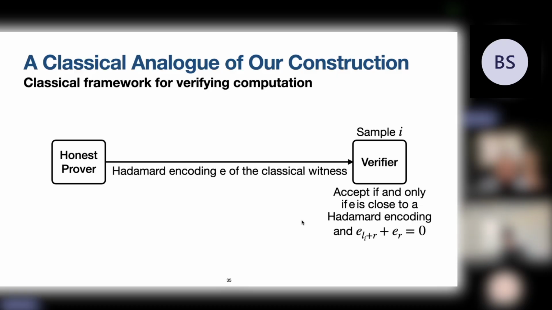E is a Hadamard encoding, and then this local decoding, like this robust local decoding of the Hadamard code, gives you, because E(L_i + R) + E(R) is just E(L_i). So, to check whether the i-th linear equation is satisfied.